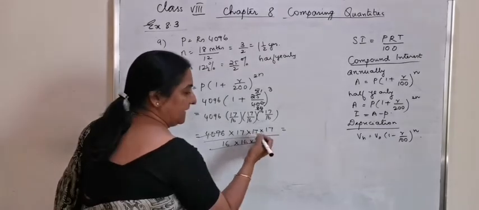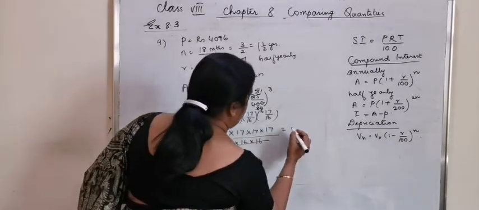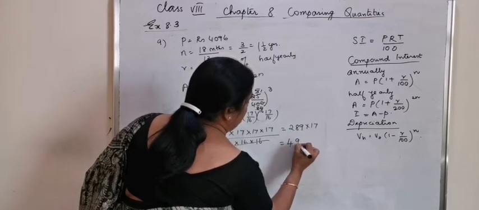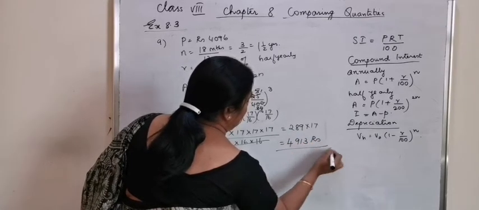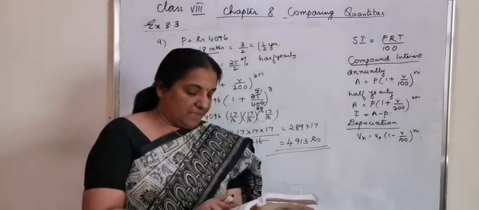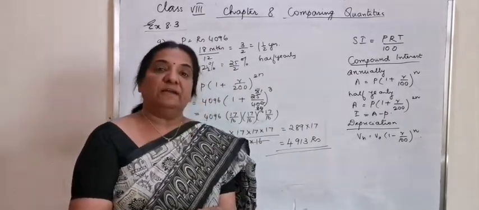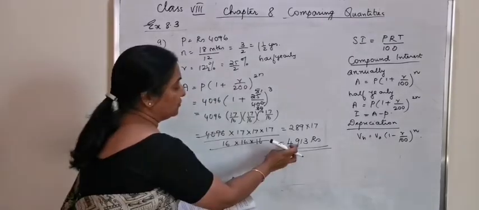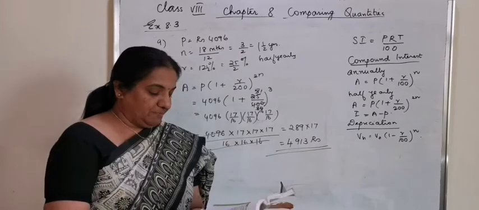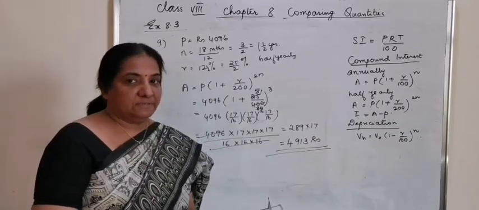This is 289 into 17, which is 4,913 rupees. So the question is, find the amount which Ram will get. The amount is 4,913. That will be the amount he will be receiving after 1.5 years.